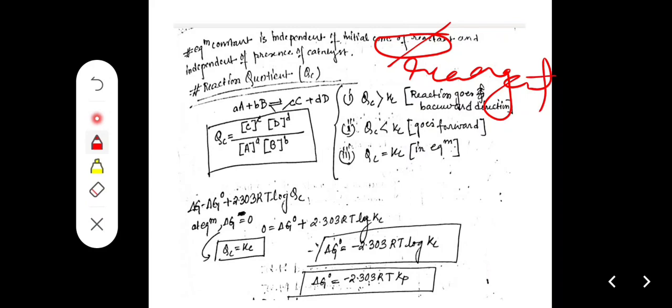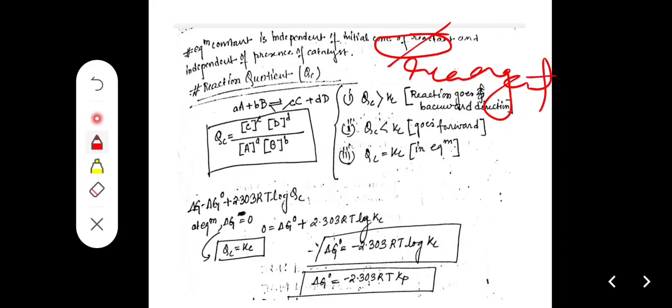Due to this, the reaction goes forward, or it goes backward, due to Le Chatelier's principle. So it does not depend on which reagent or which catalyst is introduced. It does not depend on the presence of reagent or catalyst.